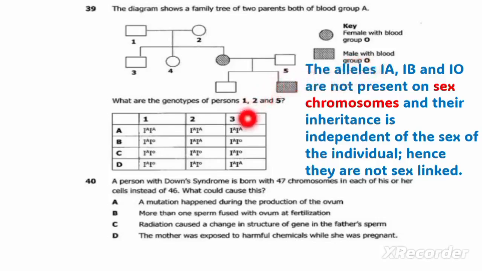So we have seen that here we have 2 parents. We have this parent and we have this one. Therefore, the blood groups of these parents must be such that they produce an offspring with blood group O. So here we have 2 possible answers.